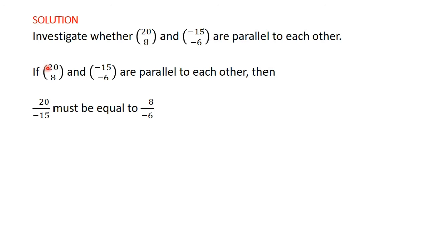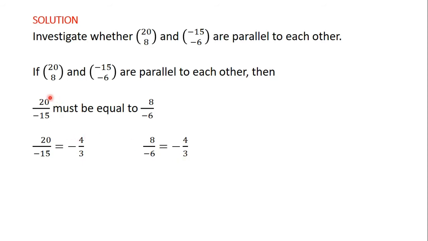The x component here divided by the x component here should be the same as dividing the y component by the y component. So let's first find 20 divided by minus 15. That will give us minus 4 over 3. If you punch this on your calculator, you are going to get minus 4 over 3. If you punch 8 divided by minus 6 also on your calculator, you will see that you get minus 4 over 3.